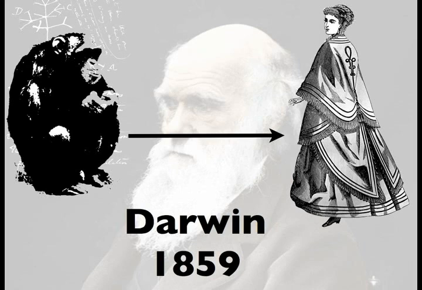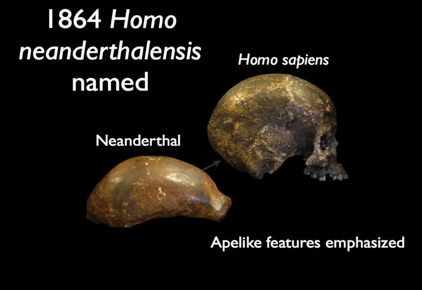But it's almost like it was a debate between two different sides, because it wasn't too long after Darwin published The Origin of Species that Neanderthals were named as a separate species, and their ape-like features were actually emphasized in this species naming. And so right away with that publication, there's almost this implied hypothesis that Neanderthals are the ancestors of Homo sapiens.